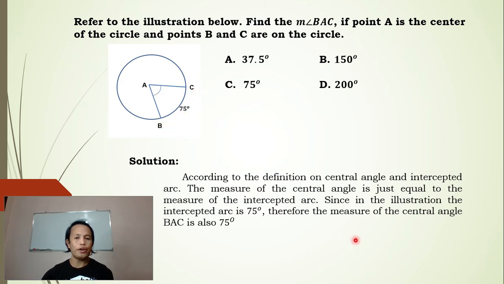Therefore, the measure of central angle BAC is also 75 degrees. So the correct answer is letter C, 75 degrees.